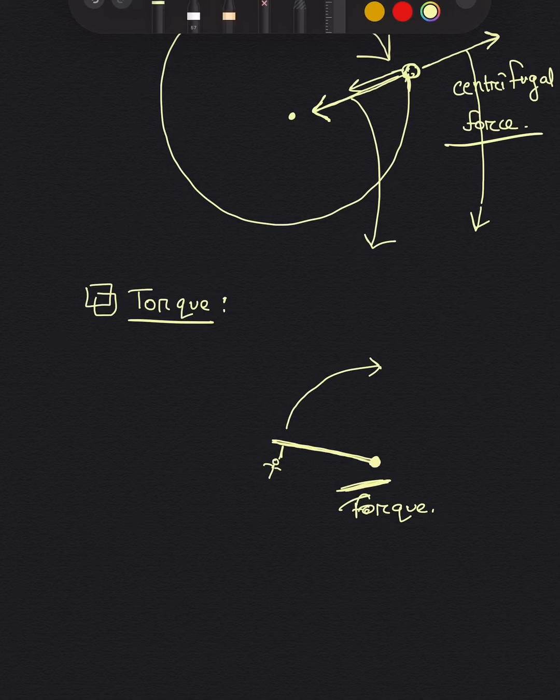So what is a torque? Torque is when a single force or a pair of equal, opposite and parallel forces acting on a body rotates it about a point or an axis. Which one is the point here? This one, the hinge part of the door. Then the quantity which is responsible for the angular acceleration is known as moment of force or torque. So what is the second name of torque? Moment of force.